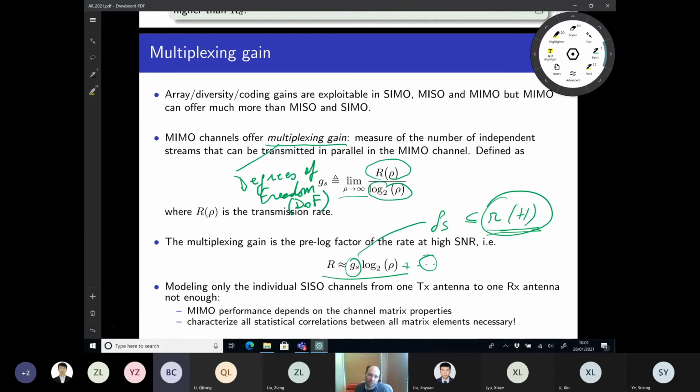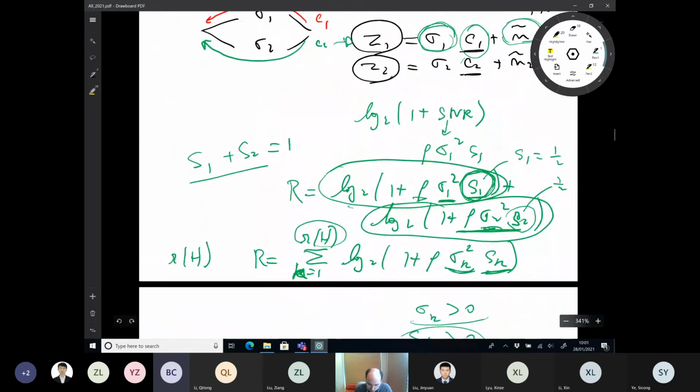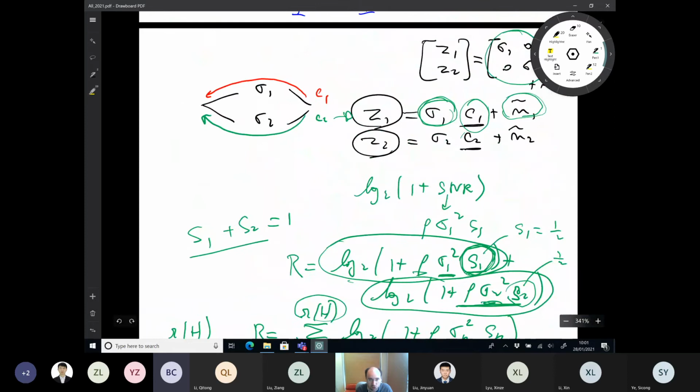So you will see multiplexing gain, DOF, is always the pre-log factor of the rate. You can view this as the slope of the rate versus the SNR, as the number of interference-free streams that you can transmit. It's really important that you say interference-free, because you really see here that those streams do not interfere with each other. C1, C2 do not interfere. That means that each of them has a rate that looks like a Shannon expression, log 2 of 1 plus SNR. There is no interference there, right?